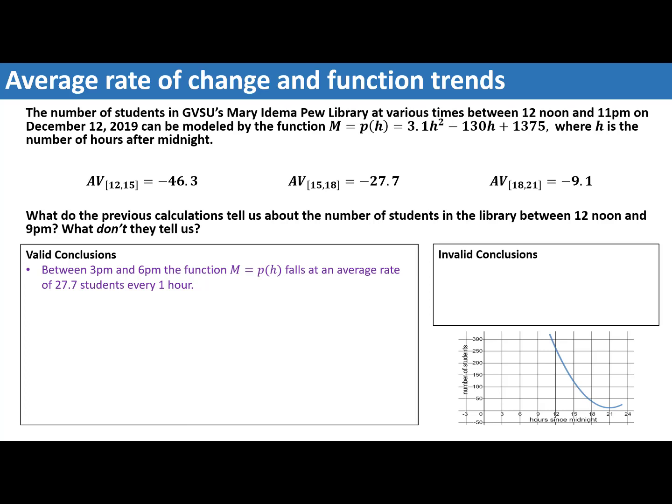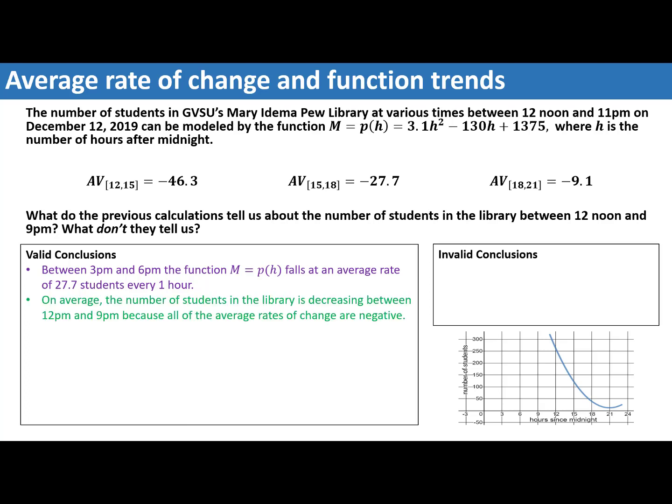And we can say that it was falling at an average rate of 27.7 students every 1 hour because we know average rate of change describes the change in output divided by the change in 1 input, or per 1 unit of input, I should say.